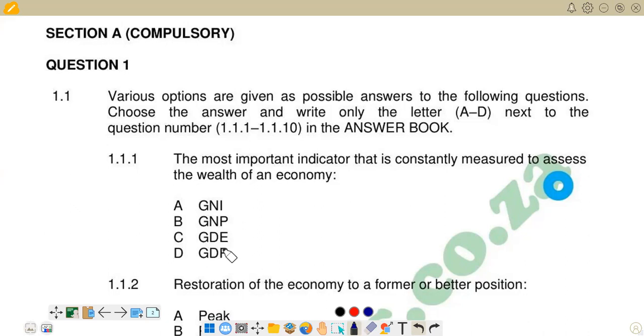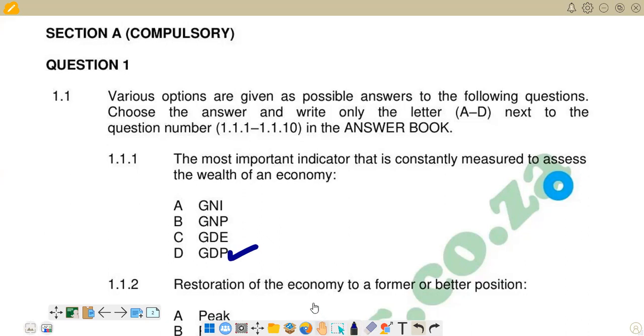The question says the most important indicator constantly measured to assess the wealth of an economy, and GDP is more inclusive in its calculation. So GDP, gross domestic product, is the most appropriate. On 1.1.1, we have GDP as our response.